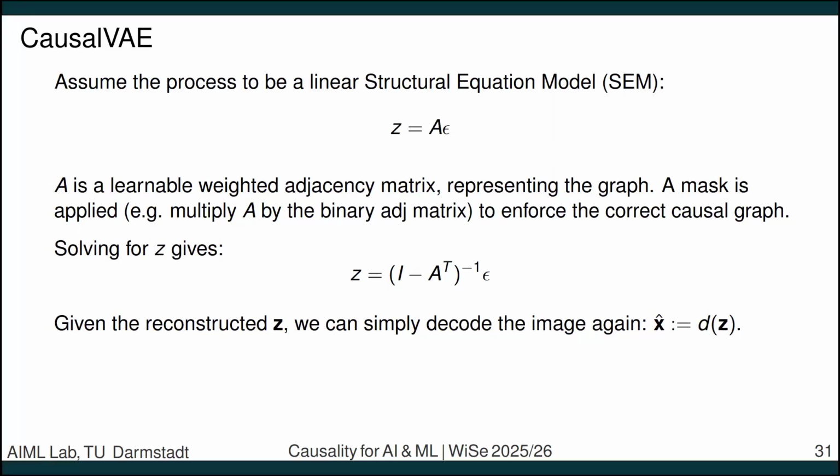And one small note, this works quite well under all of those assumptions. So we already have access to our SEM. We know how things in the image behave and how they relate to each other. Maybe we don't know the exact weights on the edges, but those can be learned.